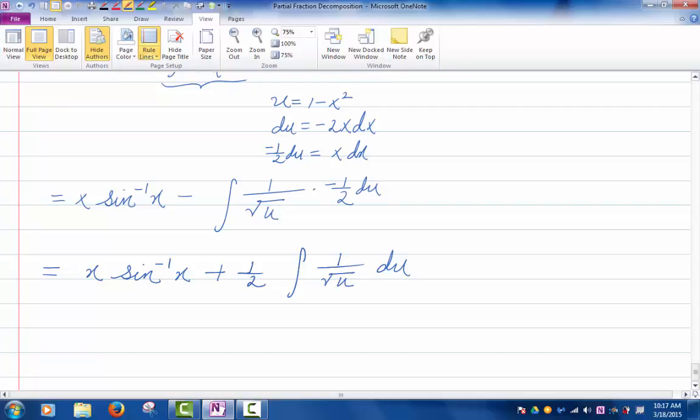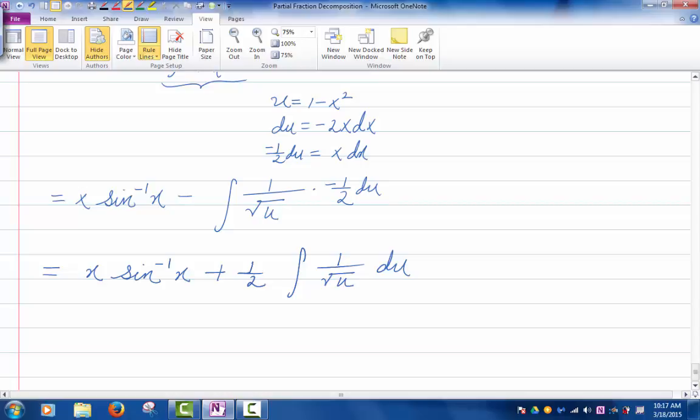U to the negative half. By the power rule, that will be u to the negative half plus 1, divided by negative half plus 1, right? What is that? u to the half divided by half, which would be 2 radical of u.